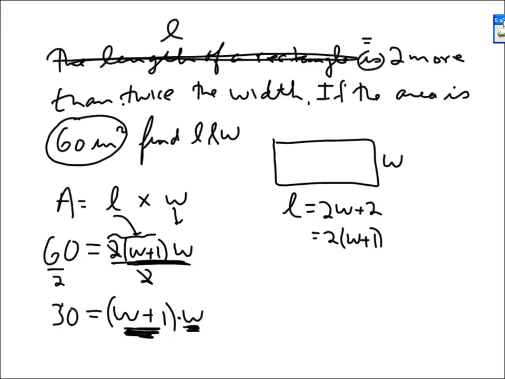And when I multiply it, I get 30. You know what? I know that. 5 times 6. W is 5. W plus 1 is 6. So I know that the width is 5. And the length is 2 times 6, or 12.